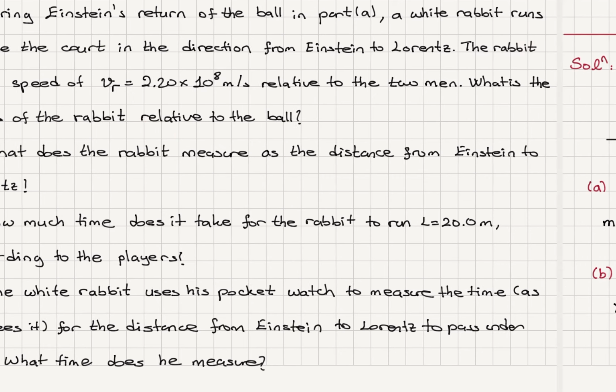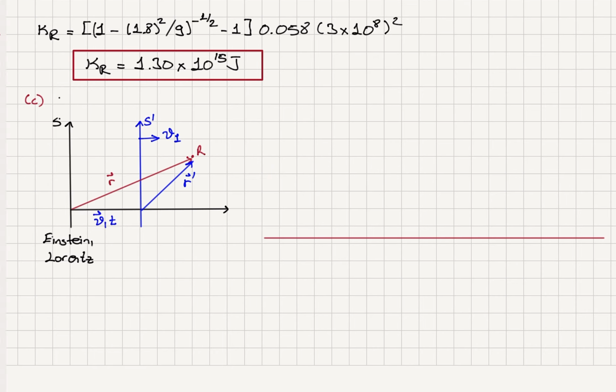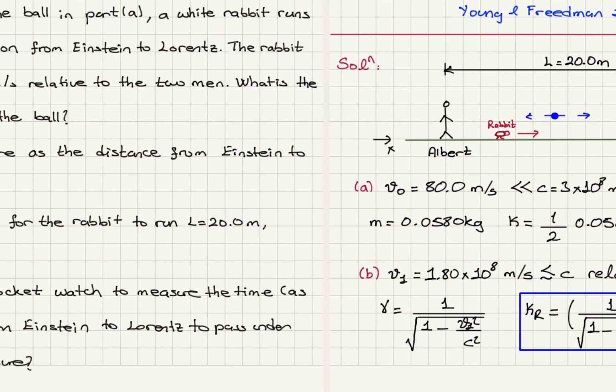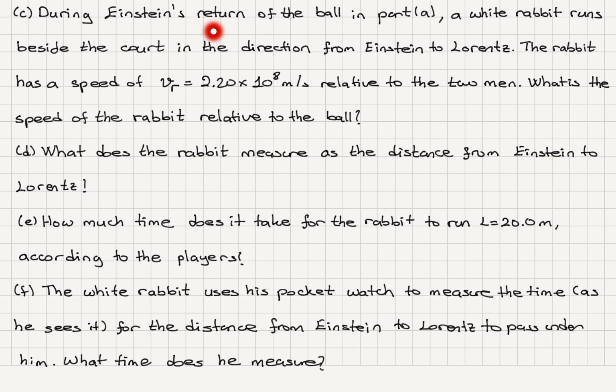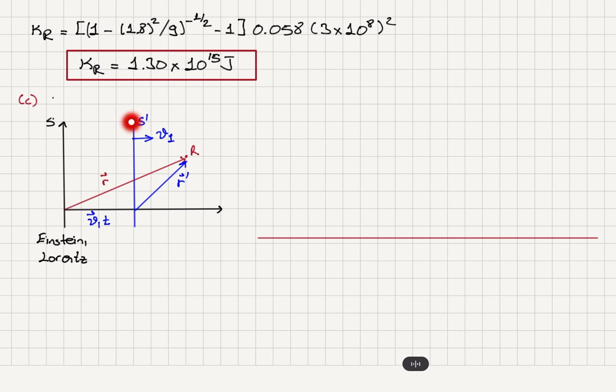Okay, so we have the S reference frame, which is the reference frame of Einstein and Lorentz. That's the stationary reference frame. We have the reference frame of the ball that is moving with speed v1, because it was during Einstein's return of the ball, which means it's the relativistic one. This S prime reference frame is moving with respect to the S reference frame with speed v1.